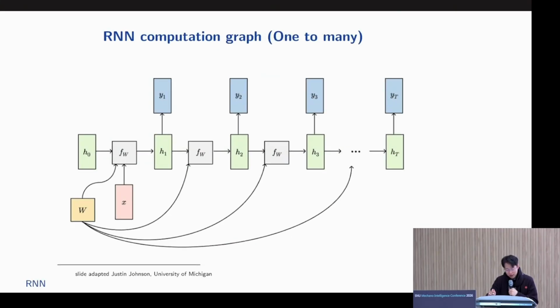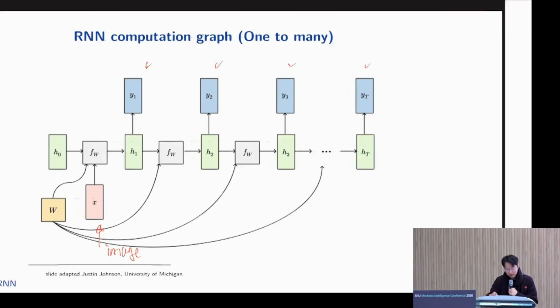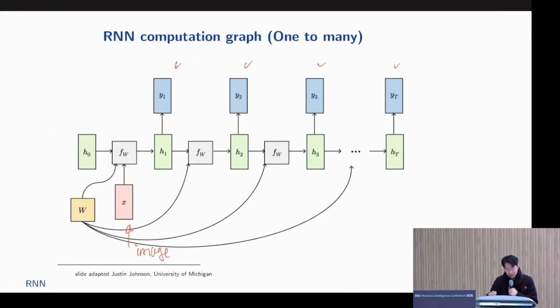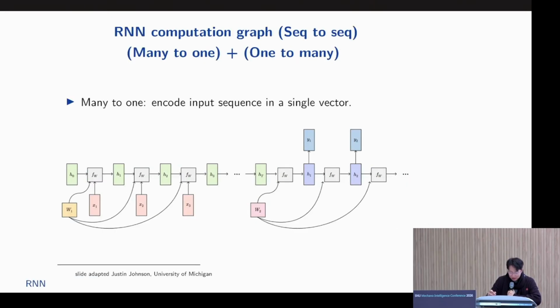Similarly, for one-to-many, you're given some input and you want to describe it. For example, you're given an input image and you want to output a description of the image, and this is going to be a one-to-many computation graph.